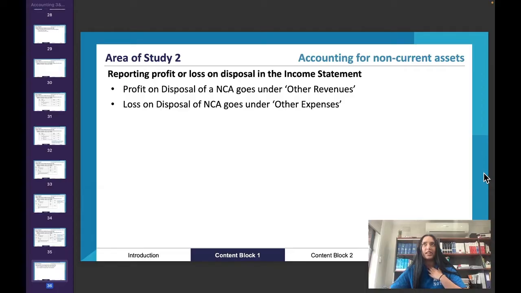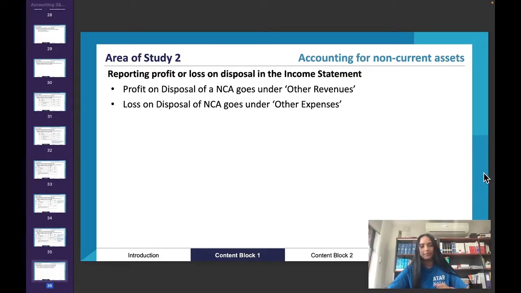And same with interest revenue. Interest revenue is interest earned on, for example, a term deposit, and that is related to a term deposit. It's not related to inventory. And so because it's not related to inventory, it goes under other revenues instead of going in the first half of the income statement.